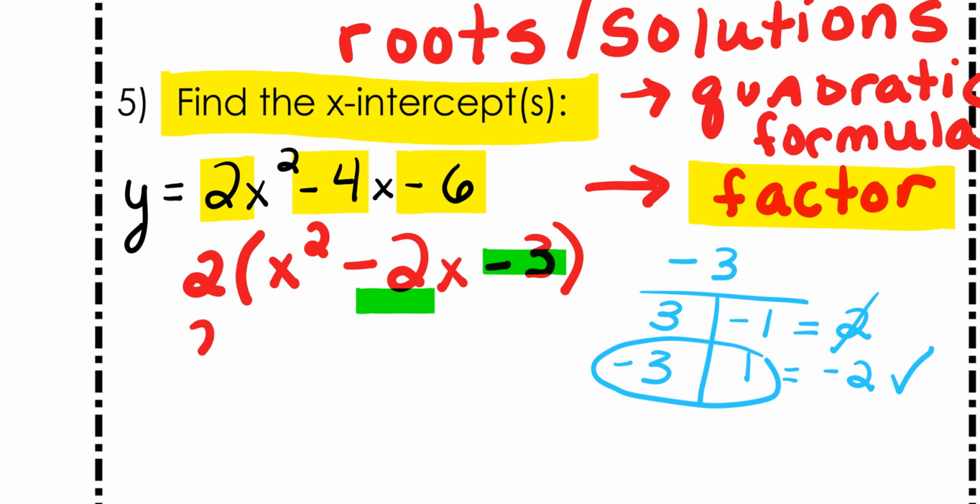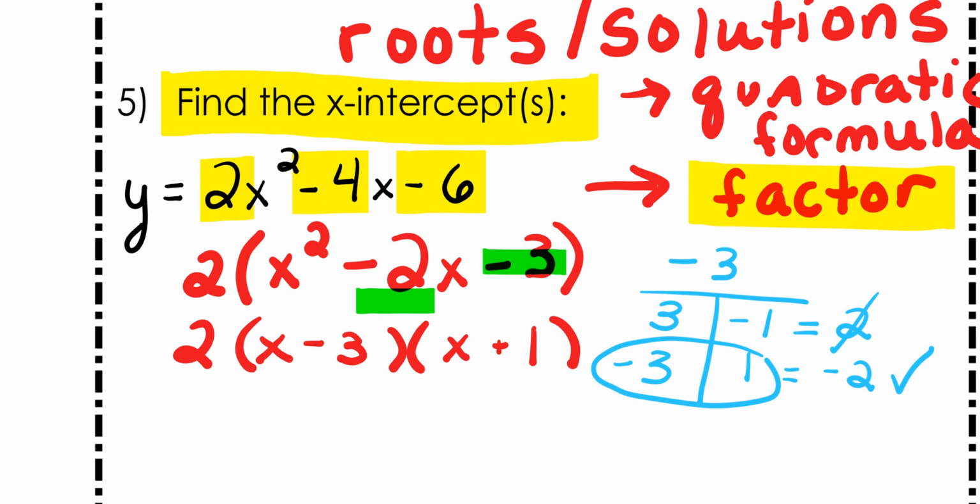So now, going to the next step, set up my 2 parentheses, my 2 bubbles. Now I'm going to have x in each box, x minus 3 and x plus 1.